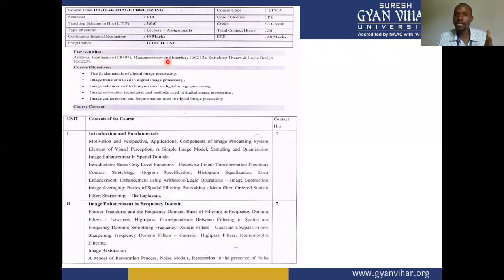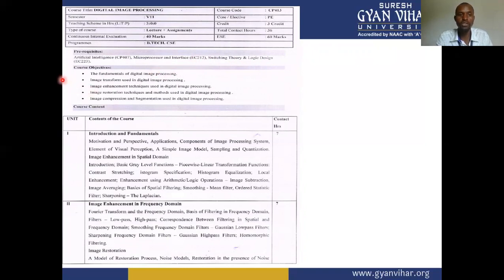Secondly, you must have studied microprocessor and interface. You need to have studied it, or if you have not, you should be studying it in parallel. It should be one of the subjects being offered to you. And then switching theory and logic design. All these four subjects need to be understood by you prior to coming to this lecture.